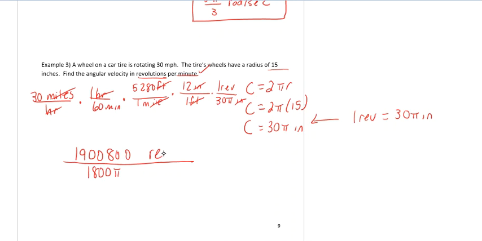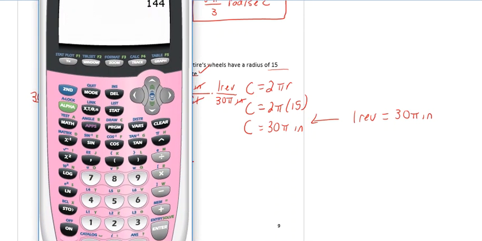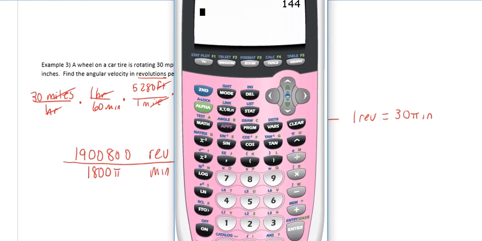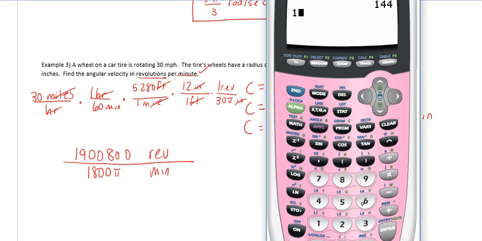And this is revolutions per minute, sorry. So one thing, if I'm going to type this in my calculator for the next step, I'm just going to move it over so I can see what I'm doing. 1900800. So the most common mistake on this, procedurally, is right here.